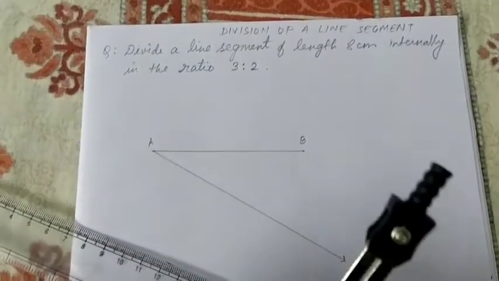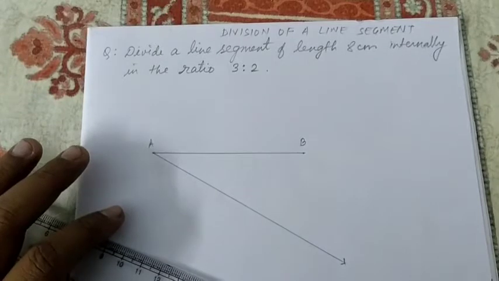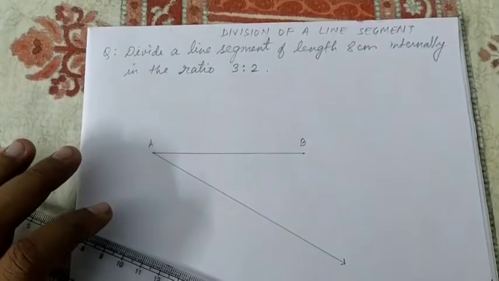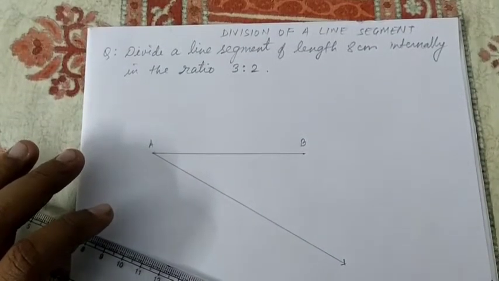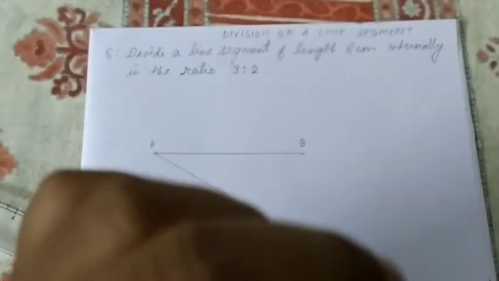You can take your compass of any arc measurement, and do not change the arc now. Any one fixed measurement.